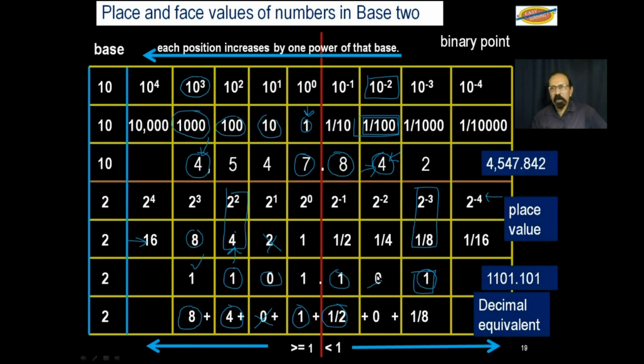We have nothing in the quarter position, so nothing there. And we have 1 in this position, so that would be 1/8. So if you add 8 and 4 and 1 and half and 1/8, you will get the base 10 equivalent of this number that we just wrote in base 2.